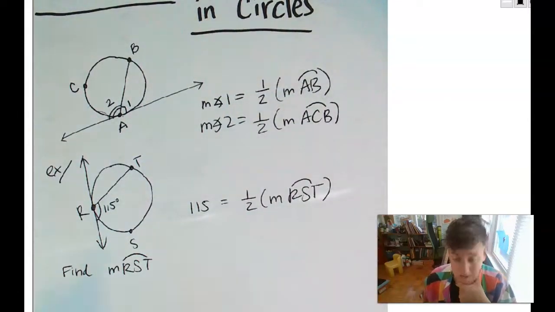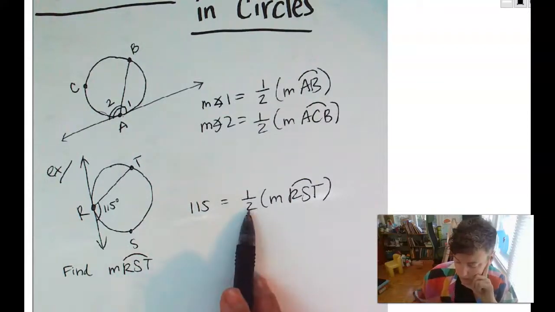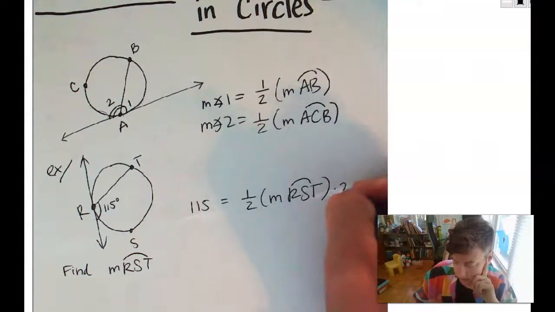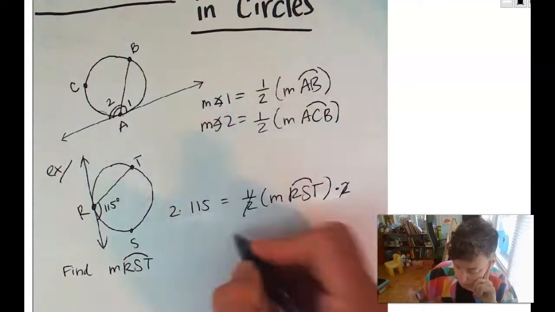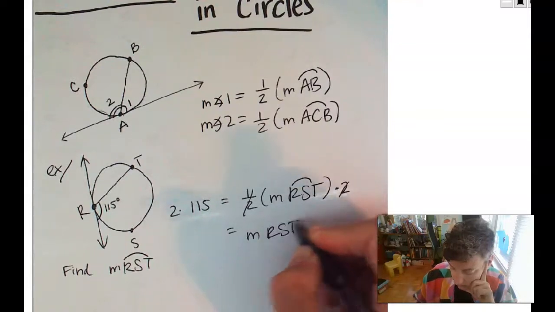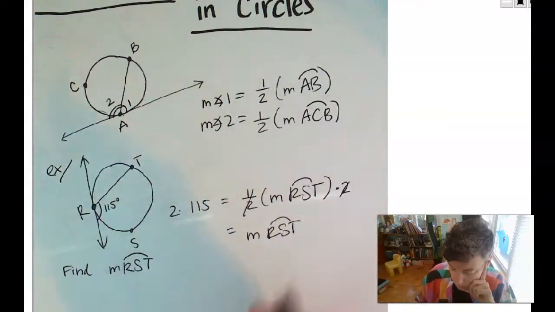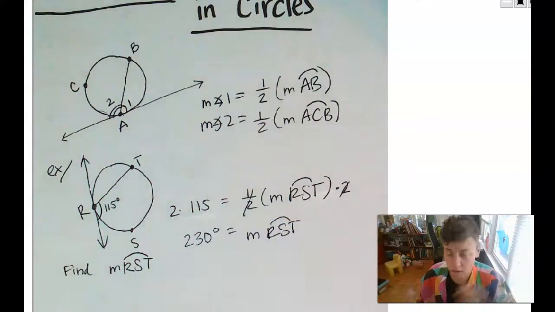So if we want to find the measure of RST, multiply both sides of the equation by 2, and that 1/2 and that 2 cancel out. So we get the measure of arc RST is equal to 2 times 115, which is 230 degrees.